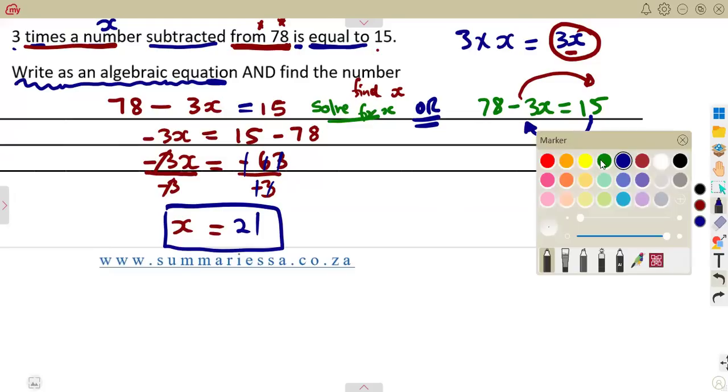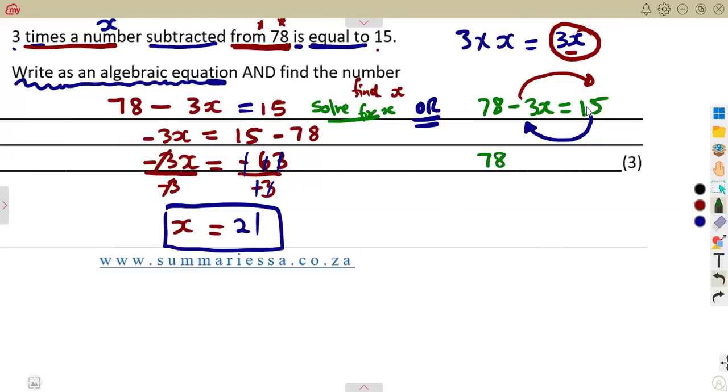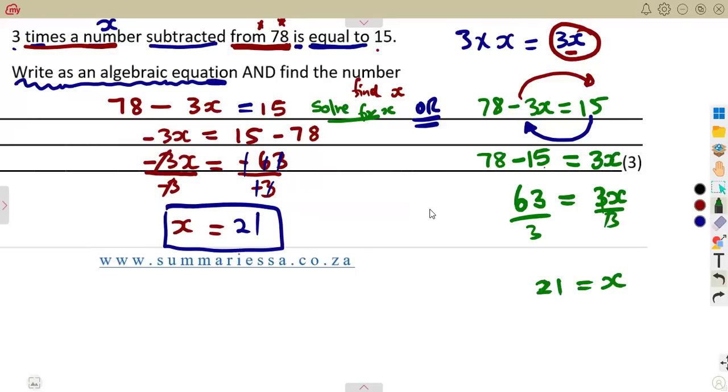So it will be like this: 78 minus 15 is equal to 3x, so that it will be positive. If you wanted it like that, it will be positive that side, but 15 is now negative. So it's 78 minus 15, which is 63, is equal to 3x. Divide by 3 on both sides, still going to get a positive 21. So 21 is equal to x. It's the way that you solve. It's in your hands.